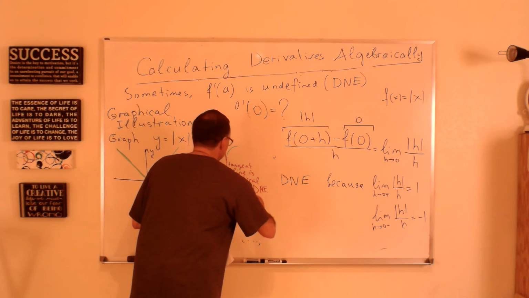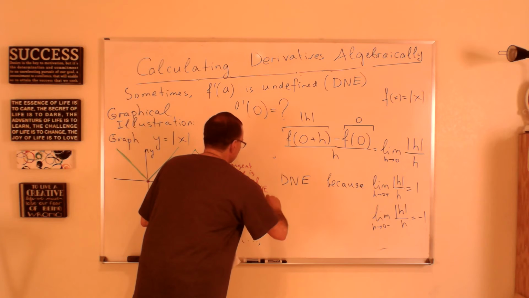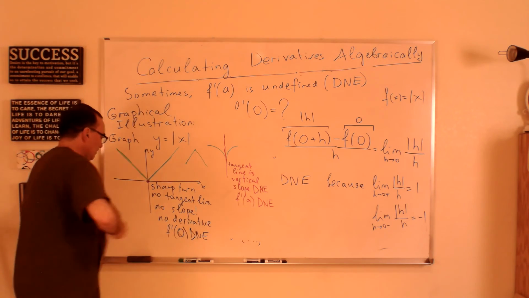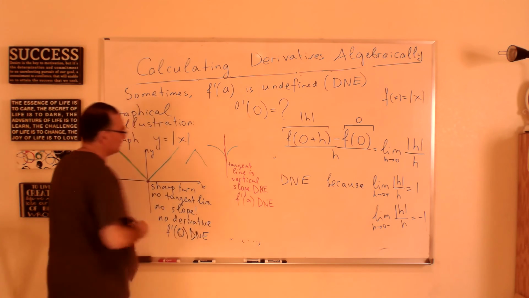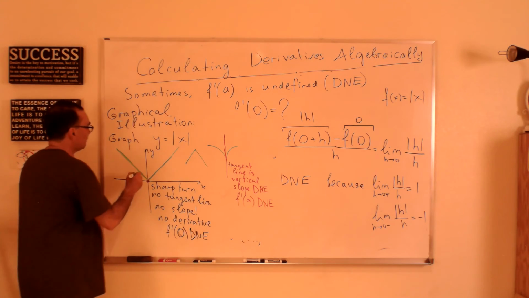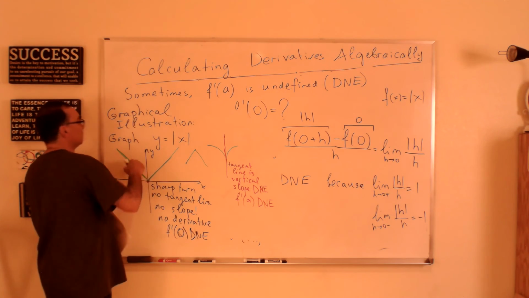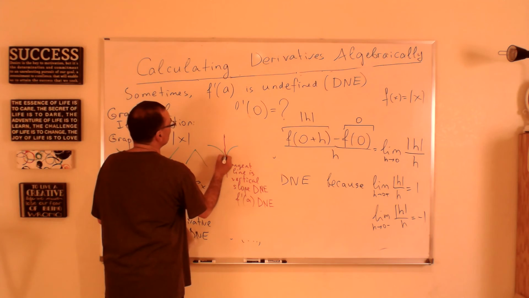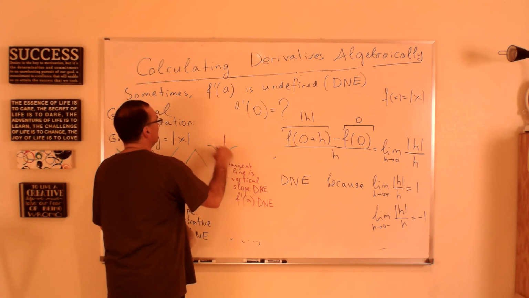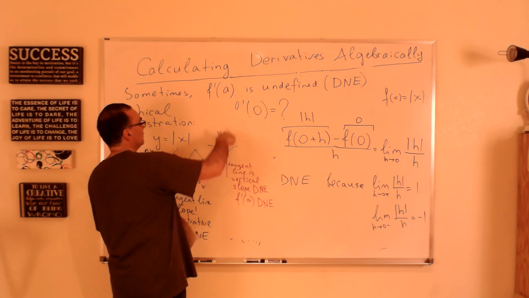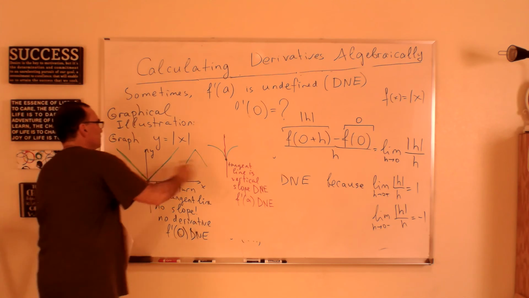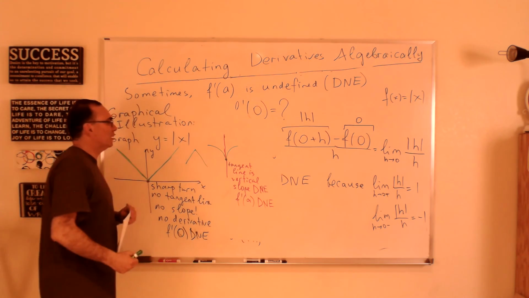So f prime of a, again, undefined or does not exist. So here are the situations where the derivative of a function may not exist at a certain point: when the graph of the function makes a sharp turn, like the graph of the absolute value, or when the graph turns like that, so that the tangent line is vertical. So these are two situations when the derivative may be undefined.